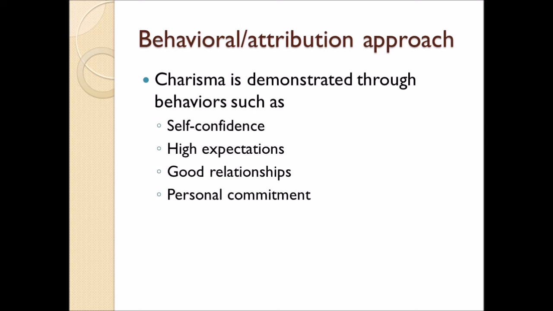And those behaviors are things like good, strong self-confidence, high expectations of oneself and of others, good relationships like we talked about in the relational models in the prior chapter, and a strong sense of personal commitment to the followers and to the work. A leader who demonstrates this set of behaviors can have an appeal, a charm to their followers that we would call charisma.